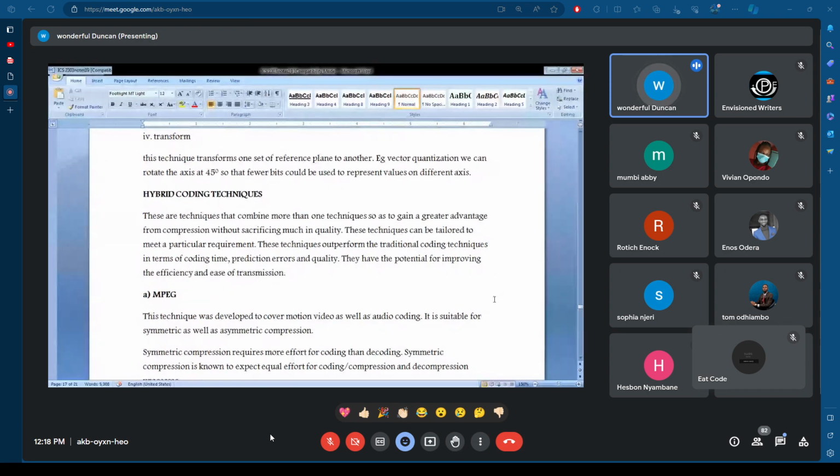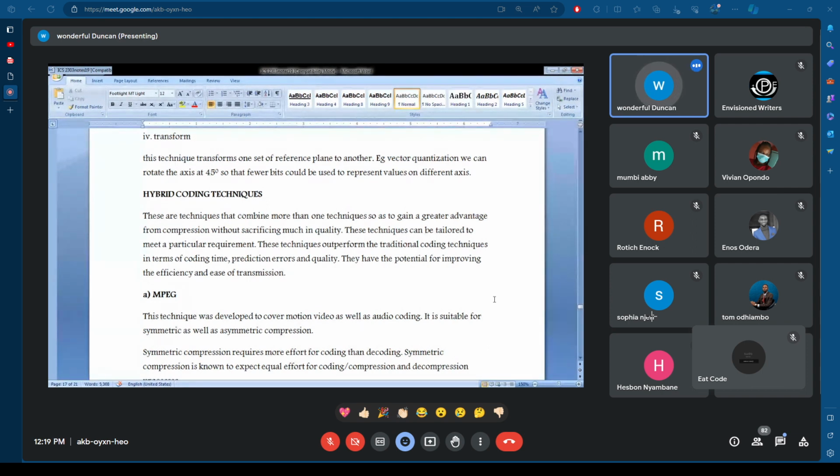Hybrid coding techniques are techniques that combine more than one technique so as to gain a greater advantage from compression without sacrificing much in quality.